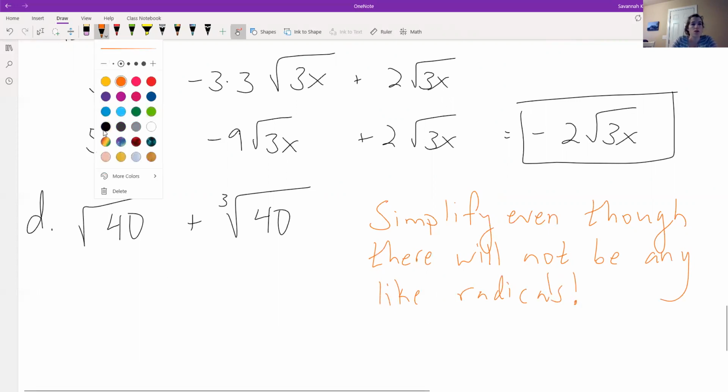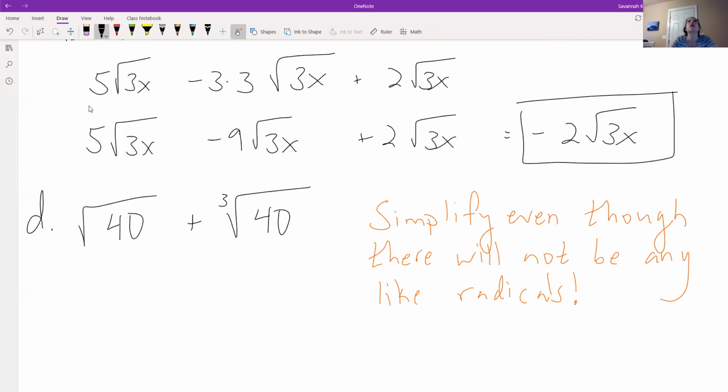So let's see. 40, 4 times 10 would be a good way to break that apart. And here, this 40, 8 times 5, I can find that cube root of 8 hiding in there.